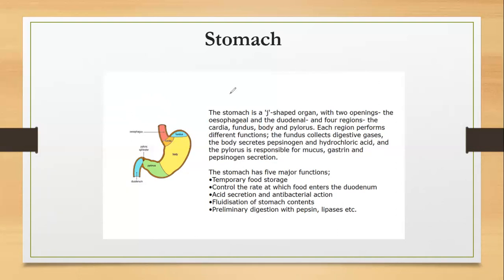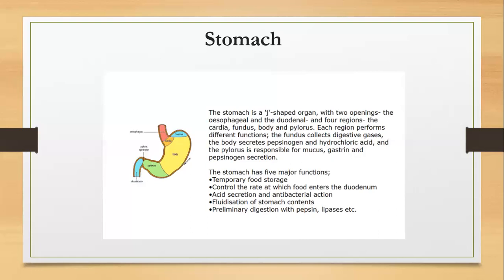Now, what are the main functions of the stomach? The first thing I said, it's a pocket that will hold the food. And the purpose of holding that food there is so that it is released when it is ready to be released. When is it ready to move to the next step? When it has become liquefied. Remember, the food is coming in as solid.